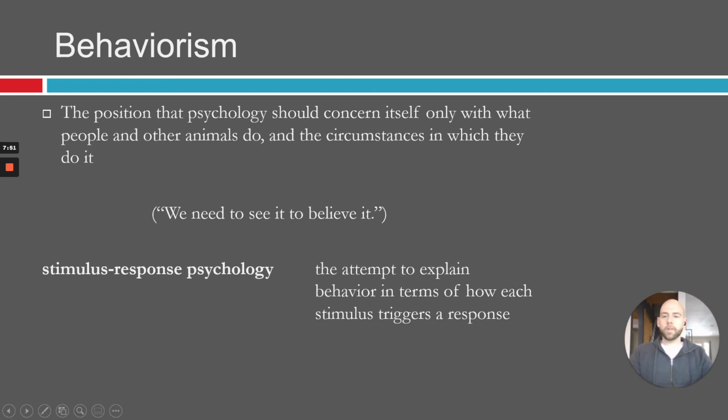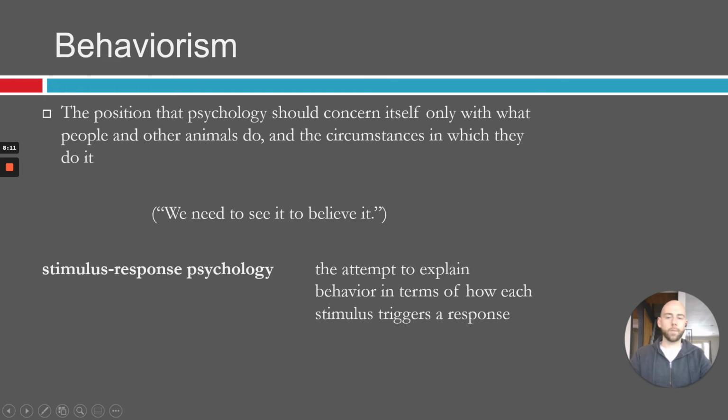A hallmark of behaviorism was something that's almost synonymous with it, really: stimulus response psychology. Really just trying to understand, again, what stimulus is going to lead to what response. How do we understand the input and output of what makes up human behavior, basically?